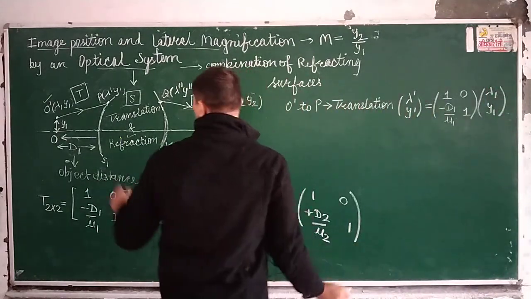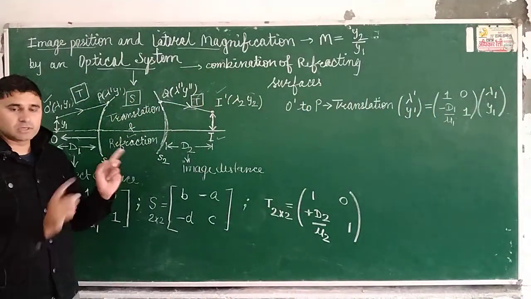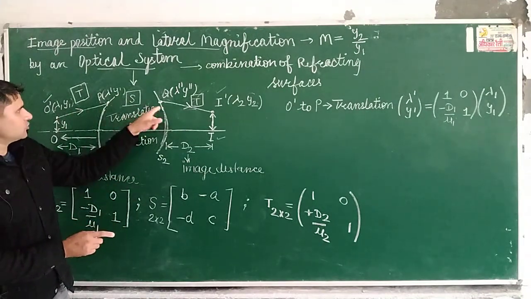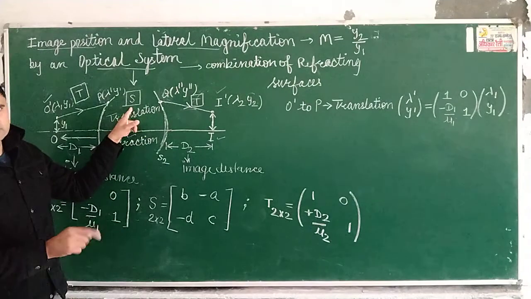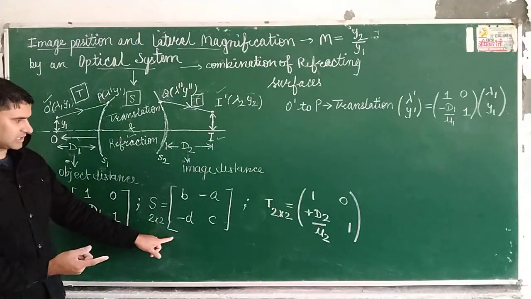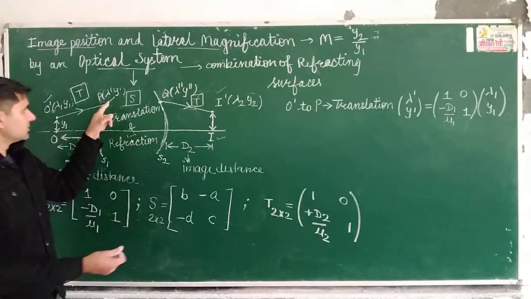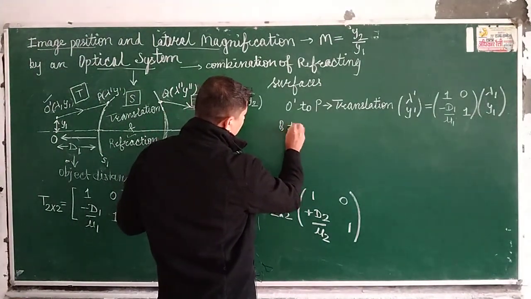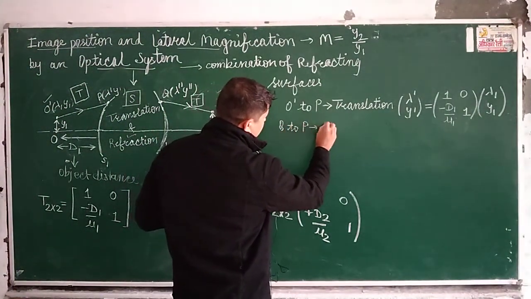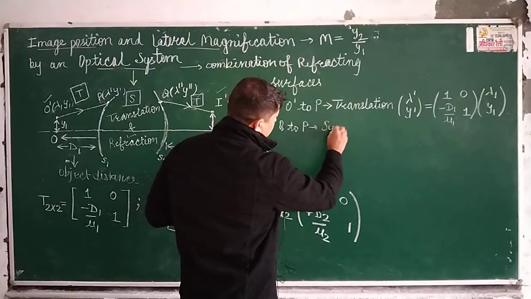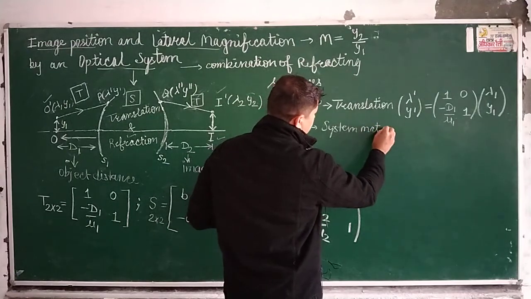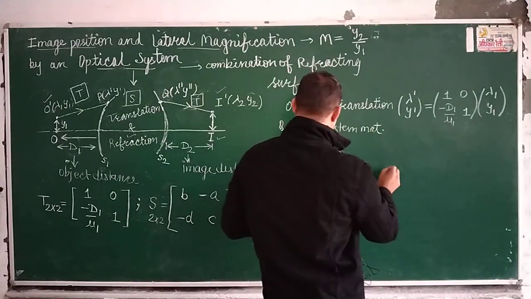Now we will connect the optical coordinates of point Q and point P. In between P and Q there will be a system matrix, which is a combination of translation and refraction matrices.